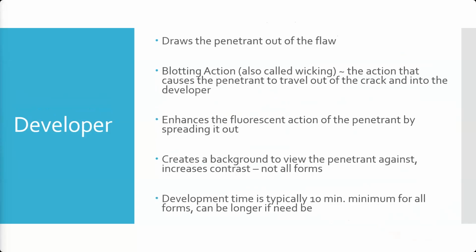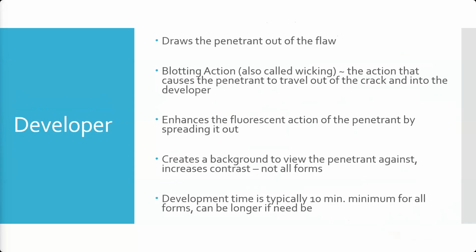Remember, we can't see these cracks because they're super narrow. So when it pulls the dye up, it doesn't just pull it straight up, it pulls it up and kind of flares it out a little bit. So it shows the crack wider than it actually is, and that way it's wide enough that we can see it better. Our visual acuity allows us to pick it up. Right? So it spreads it out.